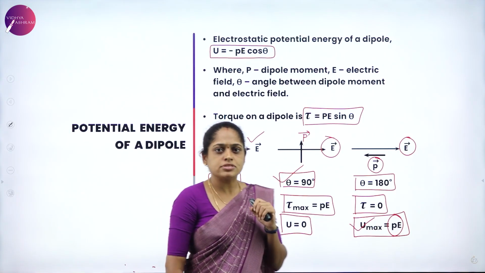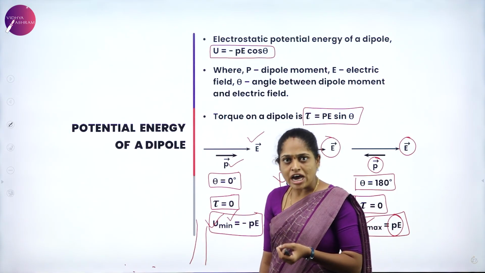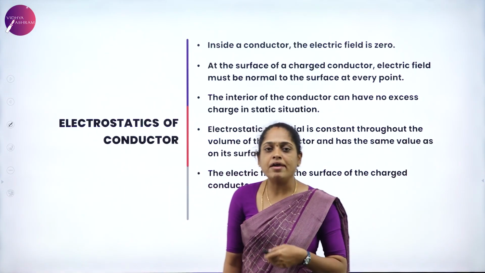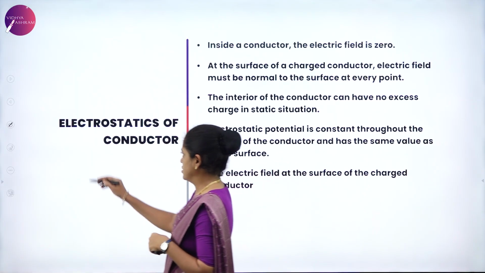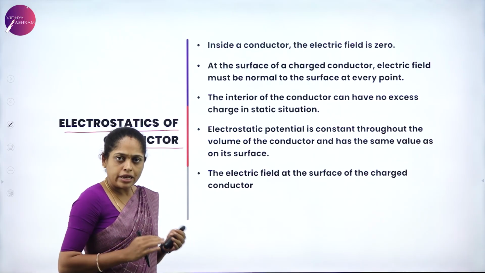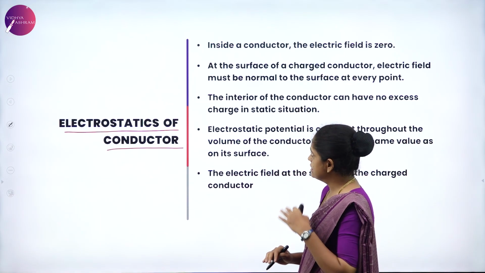So far we have studied about the potential energy of charges and dipole. Now let us discuss the behavior of conductors in electric field. Yes, electrostatics of conductor. Till now what you have learnt about the conductor, let us list that.